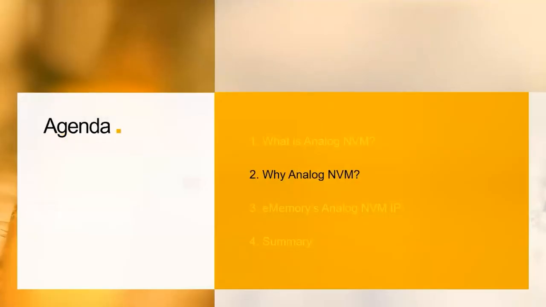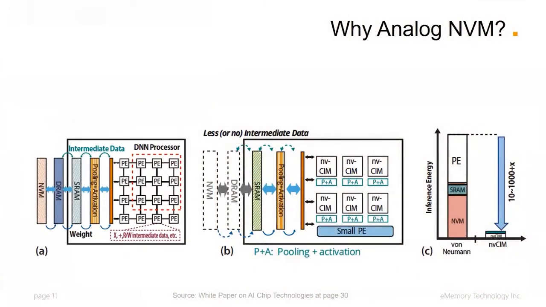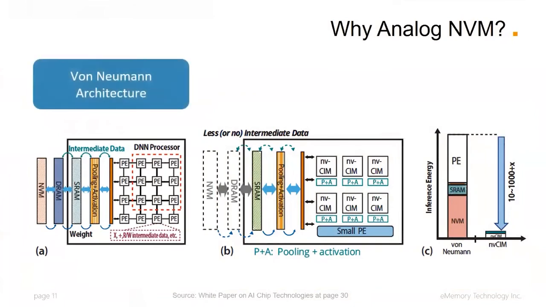After understanding what analog multi-memory is, we should ask why AI chip needs analog multi-memory. Does it have any benefits? The AI chip design concept can answer this question. You can see in picture A, which depicts the essential architecture for designing an AI inference chip.